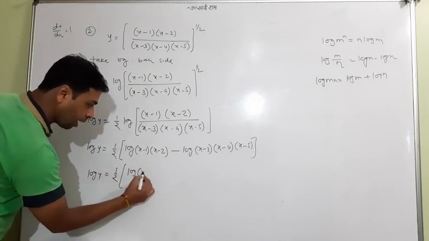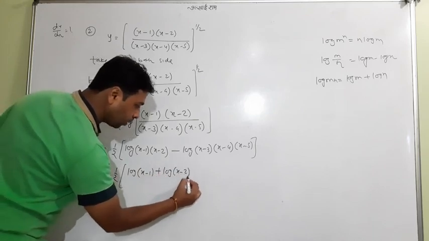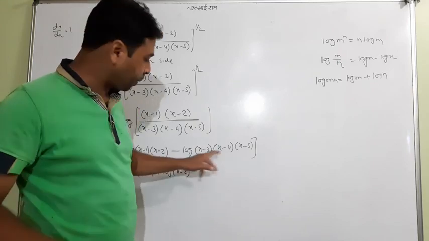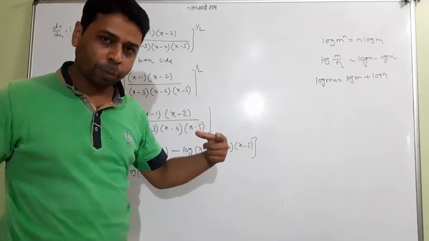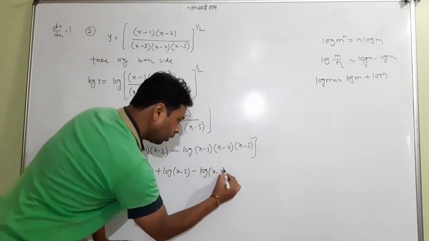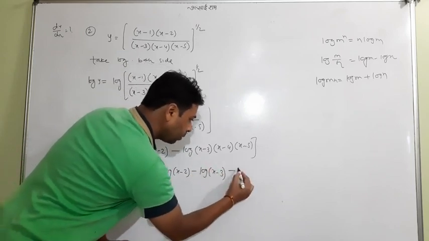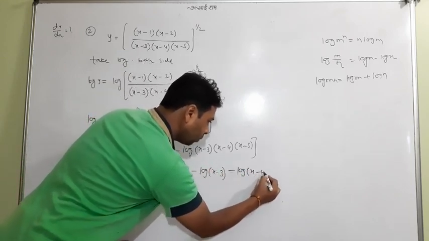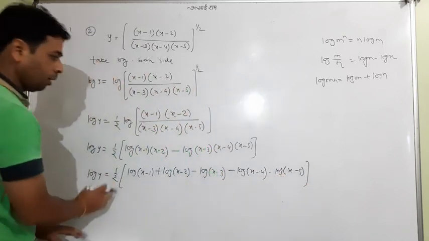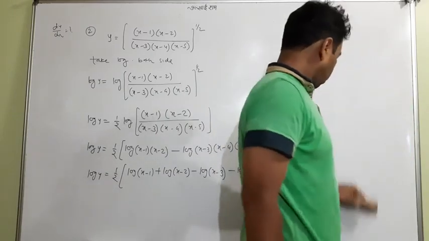This is log of the first function plus log of the second function, and it is a minus actually. So all will separate in plus sign, but because of that minus, the sign will change automatically. So it is going to be log of first function plus, and because of minus it will get minus log of second and log of third.